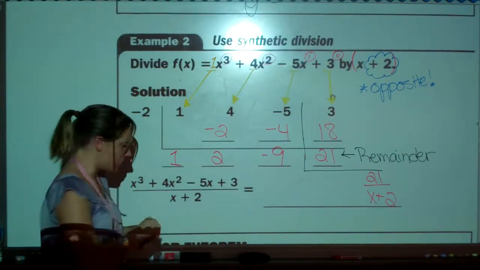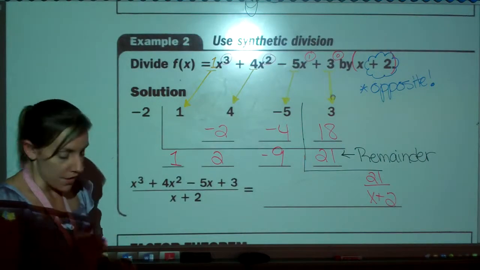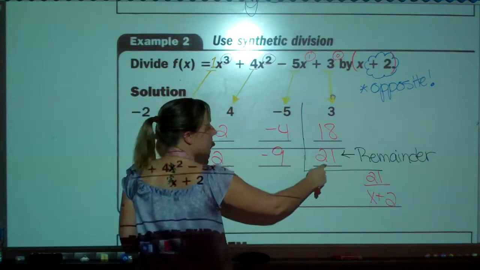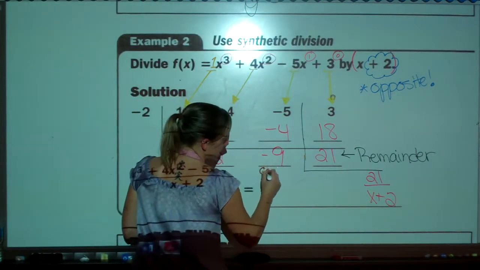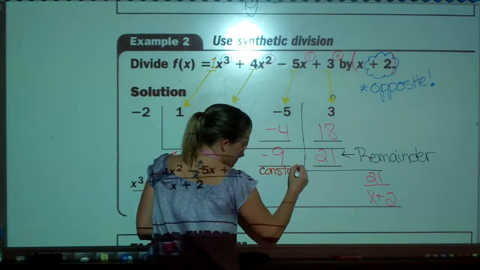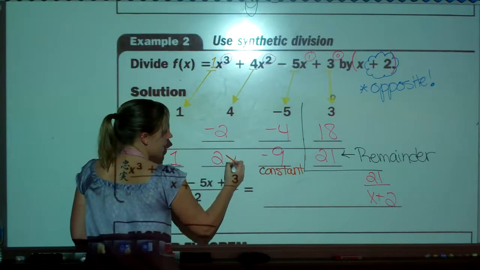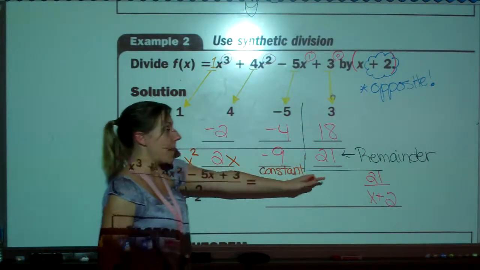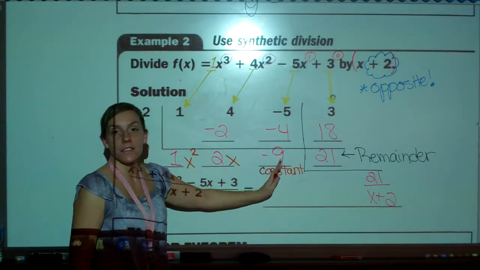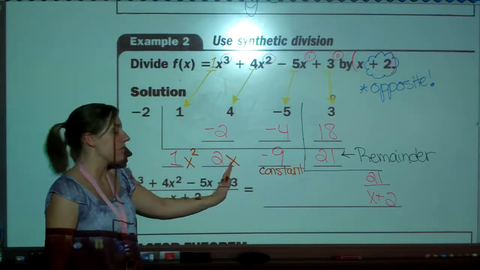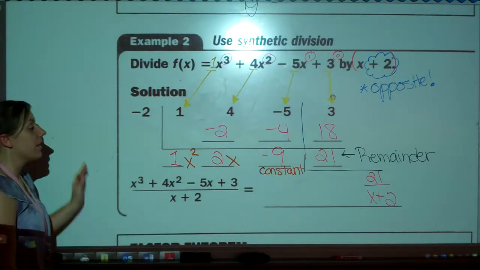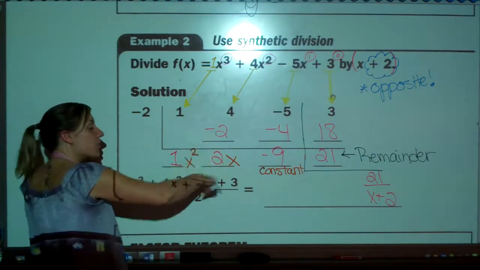Now what I actually do, the way I think of it, is I actually just go backwards and I say, okay, well, if this was the remainder, that means this is the constant. That means this has an x, and that means this has an x squared. So I just go backwards. Remainder, the constant is in front of that, the x is in front of that, and the x squared. So if I had more, the x cubed would be in front of that, the x fourth would be in front of that. So you just go up.